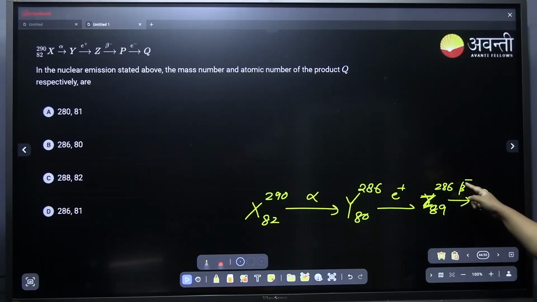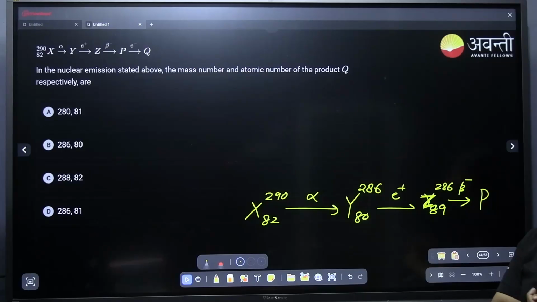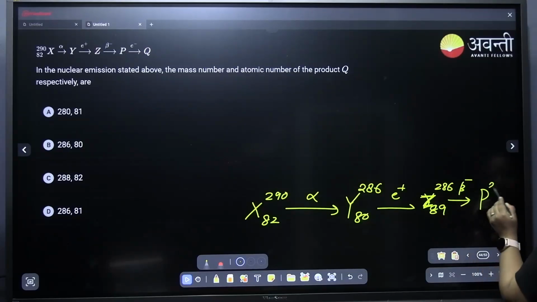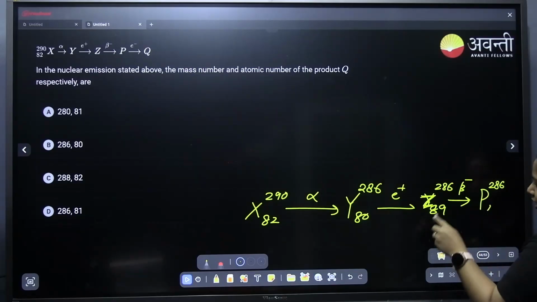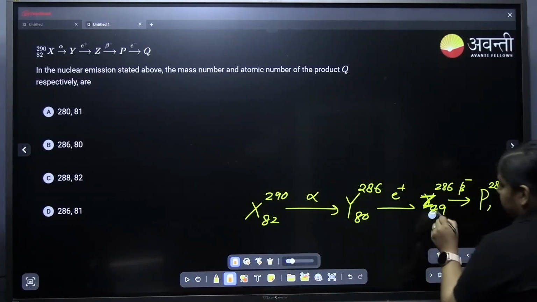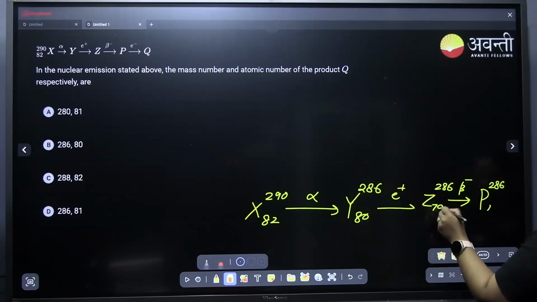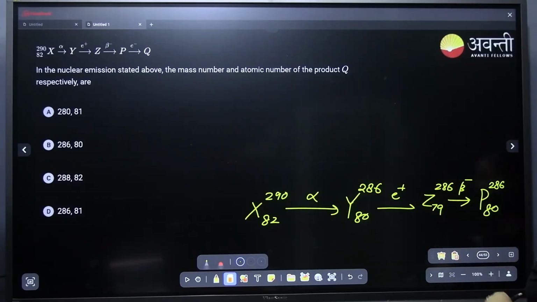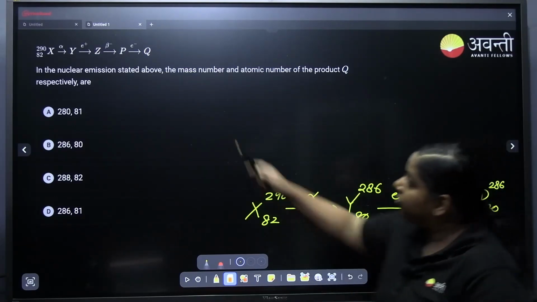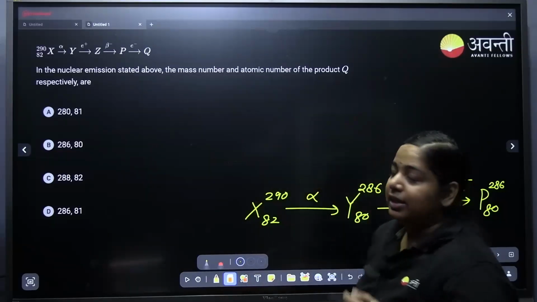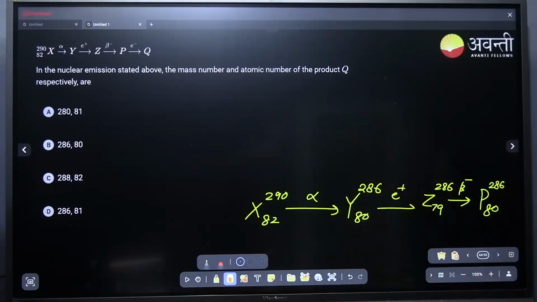So beta minus means neutron is being converted to proton and emitting electron. So this will remain constant, 286. This will increase. Sorry, 79 here. Okay, 79. This will become 80 again. Proton number is increased. Finally, one more electron is emitted, that is beta minus only.